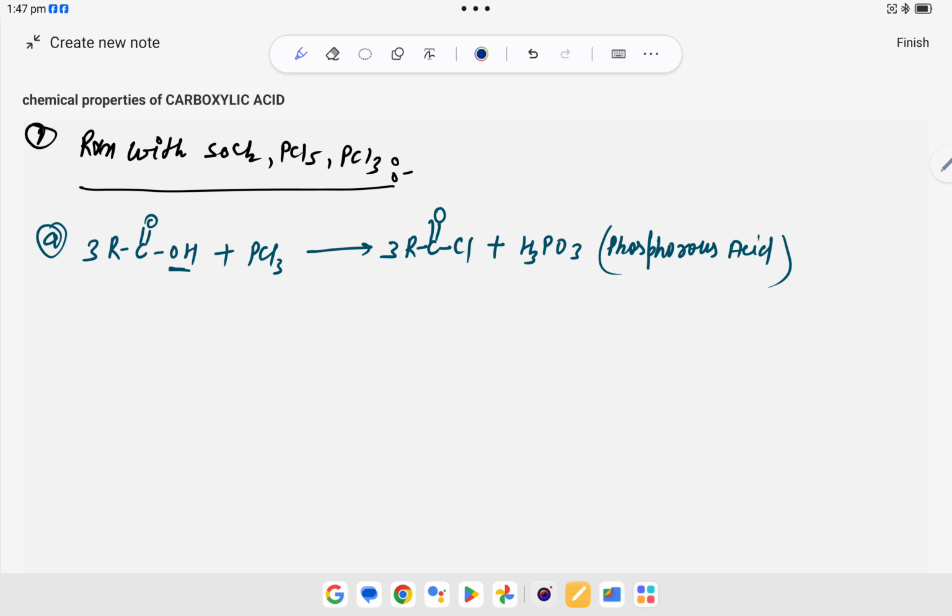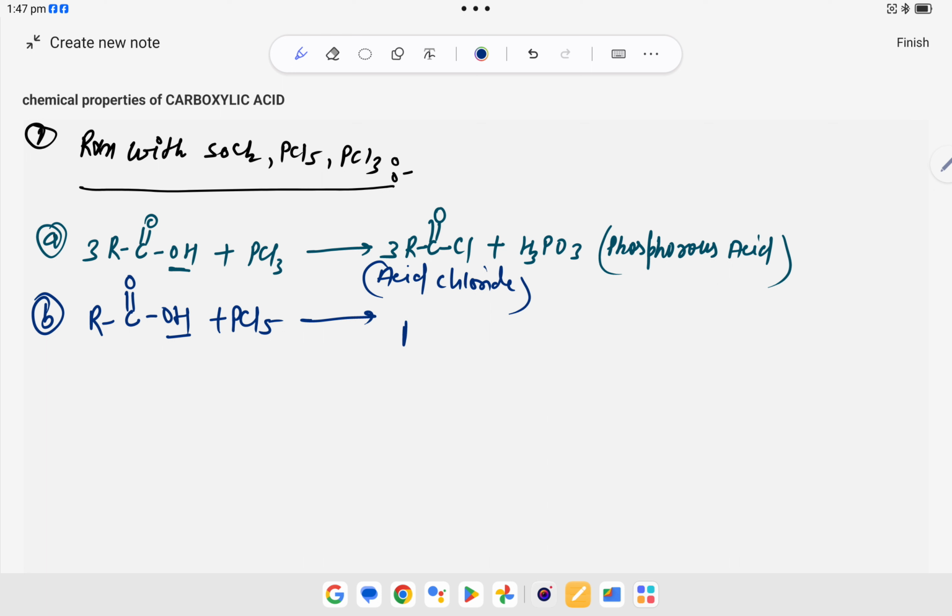Second case: RC double bond O, OH with PCl5. Again the same product, that is acid chloride. Here also the same product, RC double bond O, Cl will be formed.